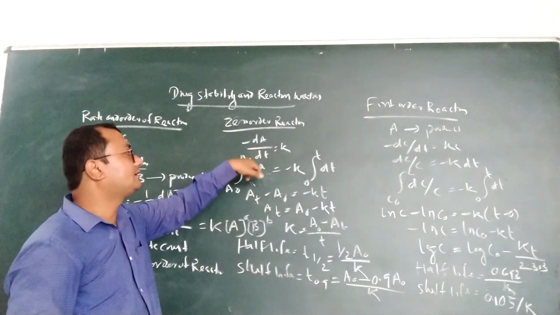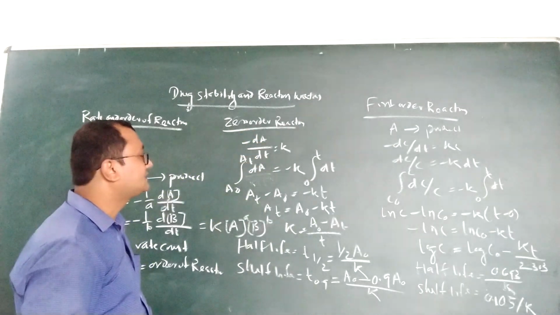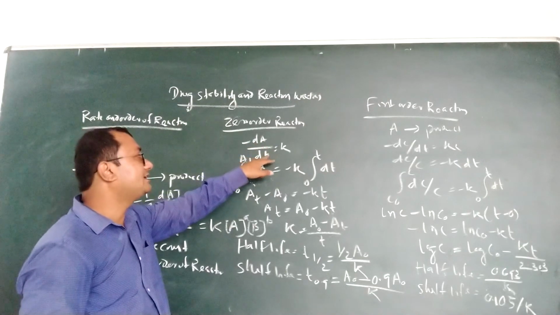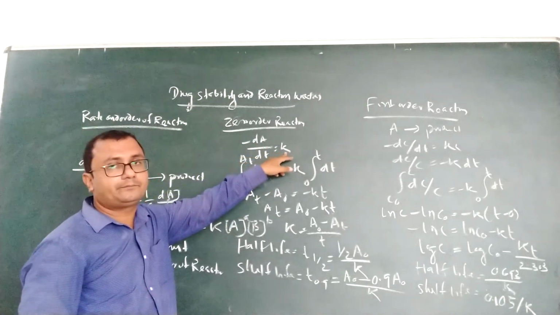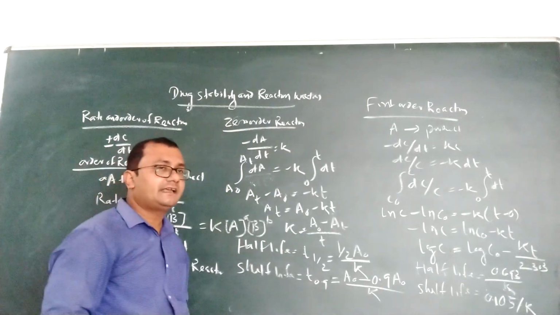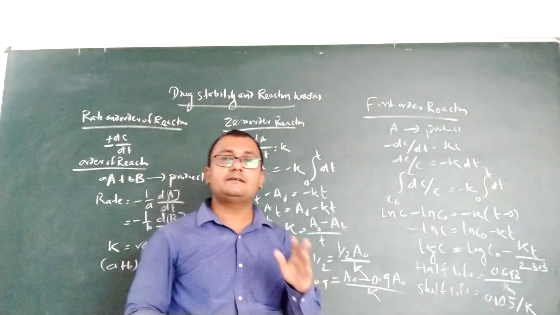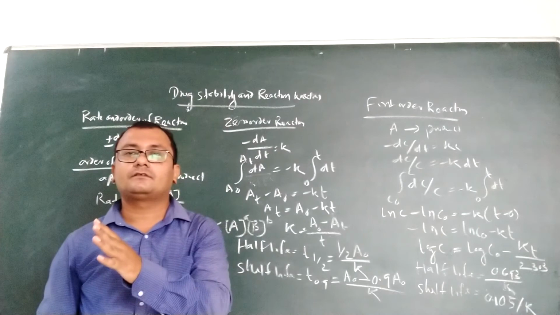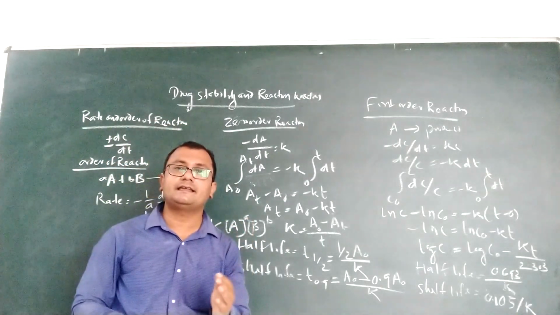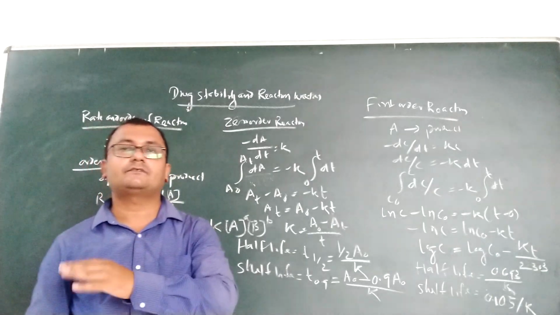Let us take the reaction rate, minus dA divided by dt is equal to K. Here it is a zero order reaction, which indicates that the rate of reaction is independent of the concentration of reactants.